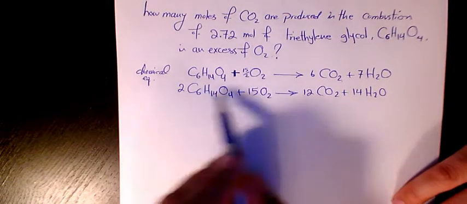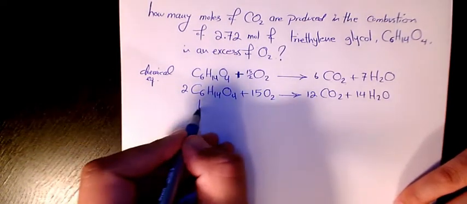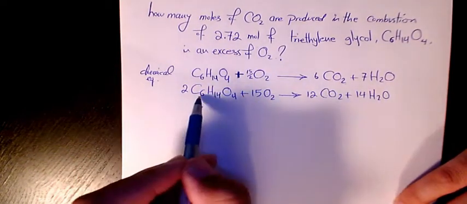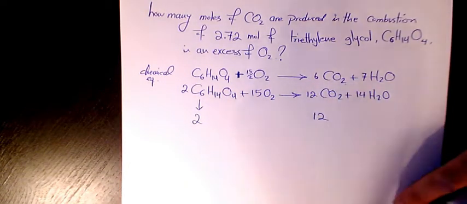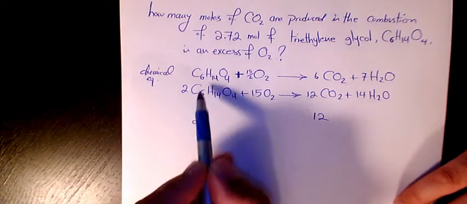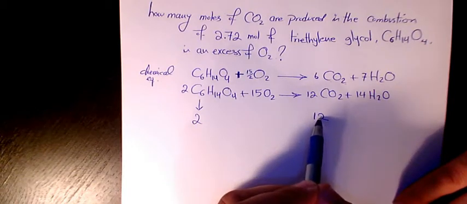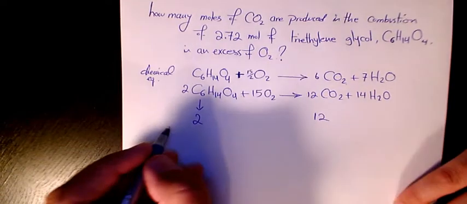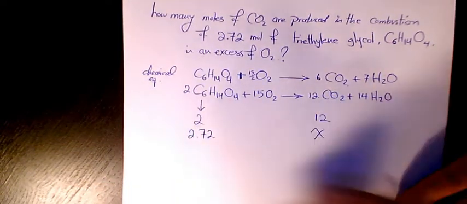As you see here, since the chemical equation is balanced, if we combust 2 moles of triethylene glycol, we produce 12 moles of CO2, carbon dioxide. If we have 2.72, how much will we have?